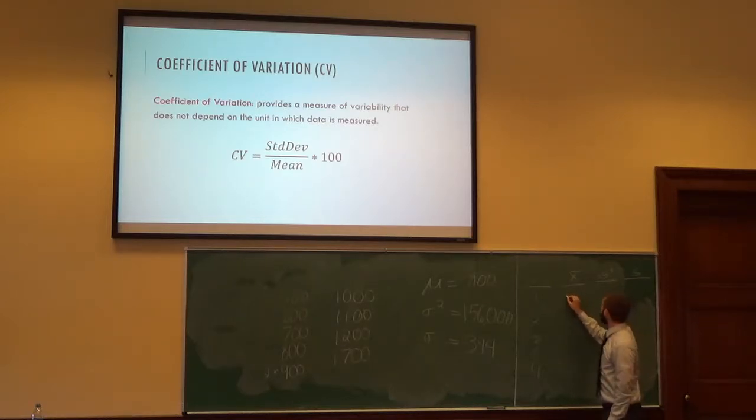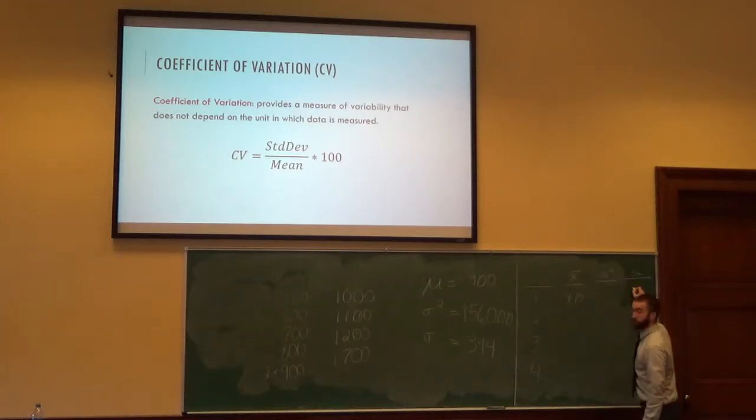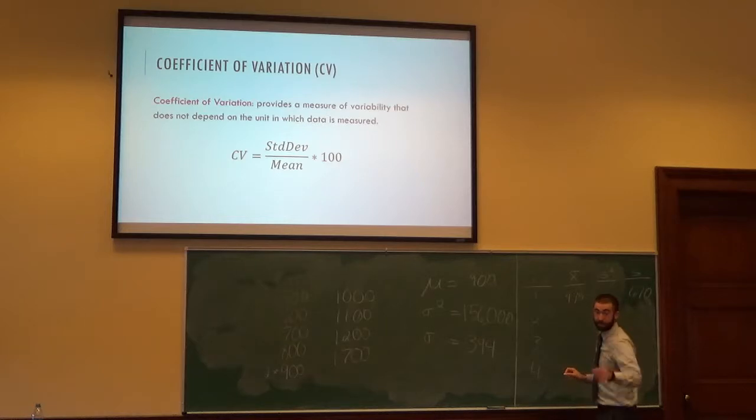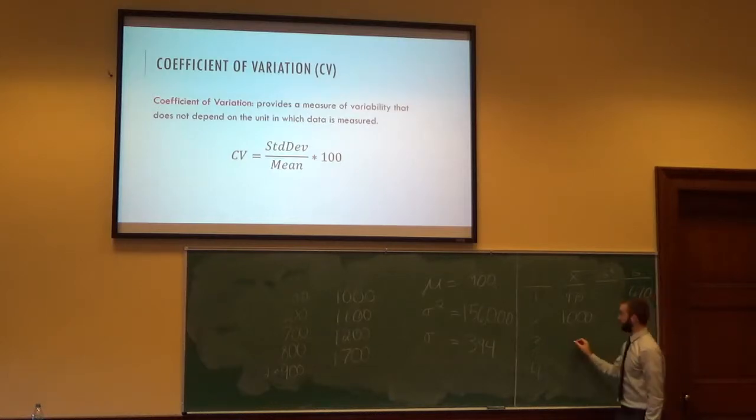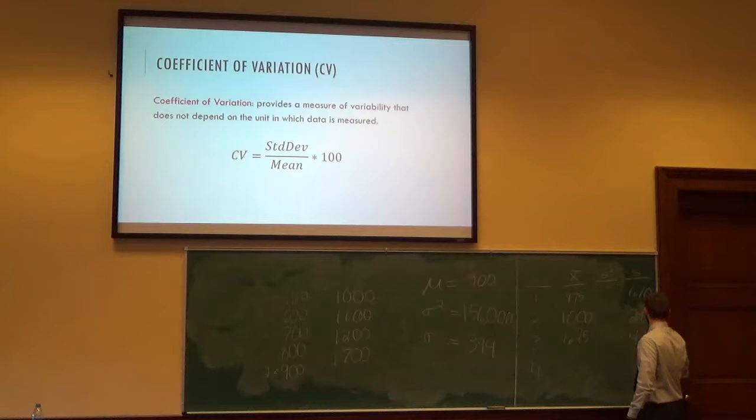975 and 670. Okay, let's round it off. 1,000? 293. 625. 430. 413.